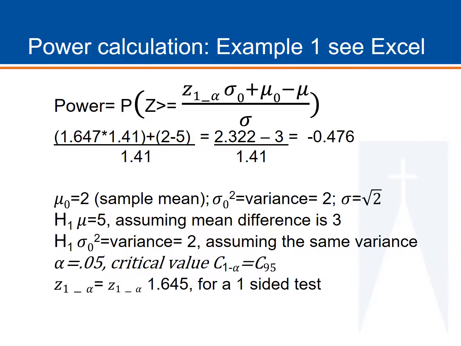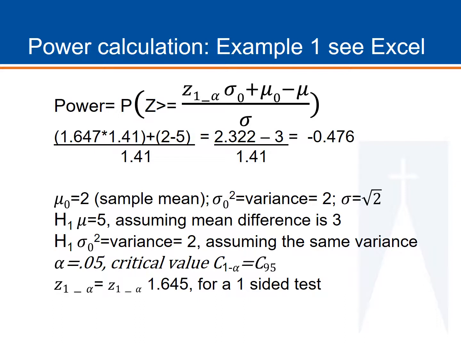So plugging in all these numbers gives the z value of minus 0.476.